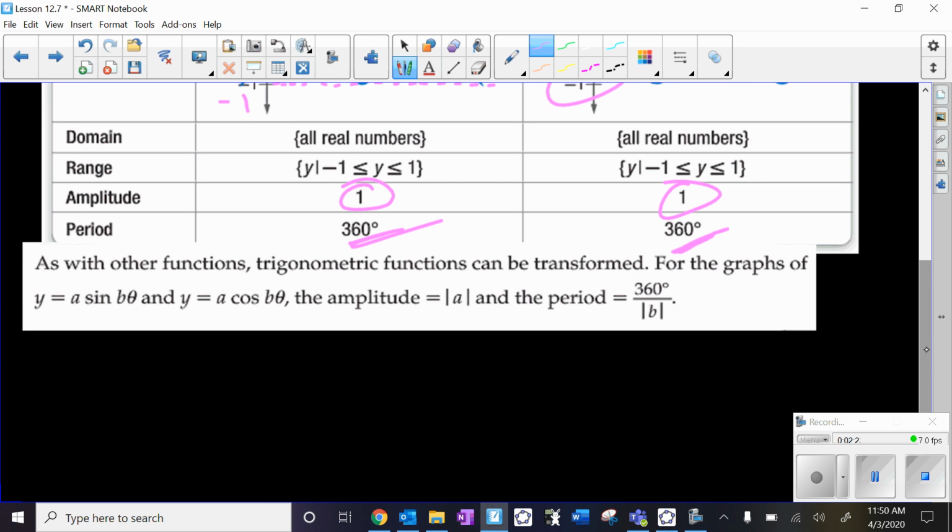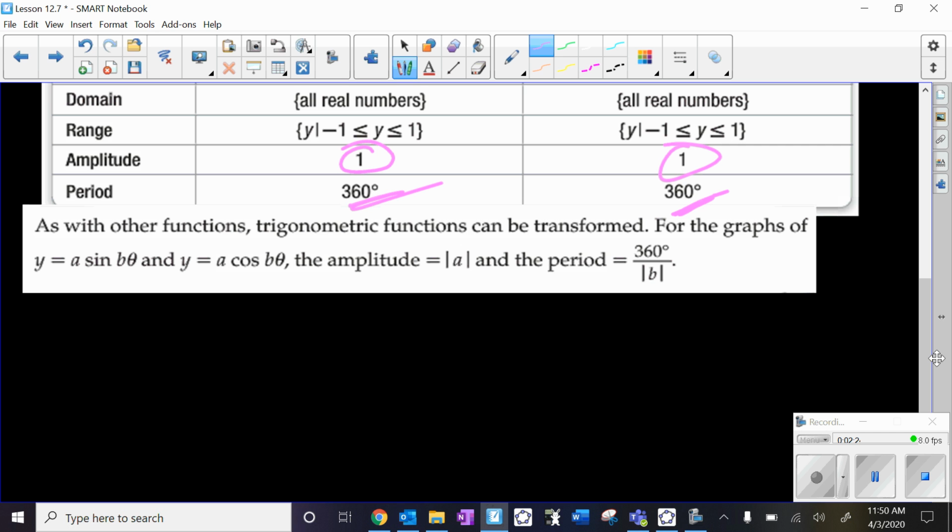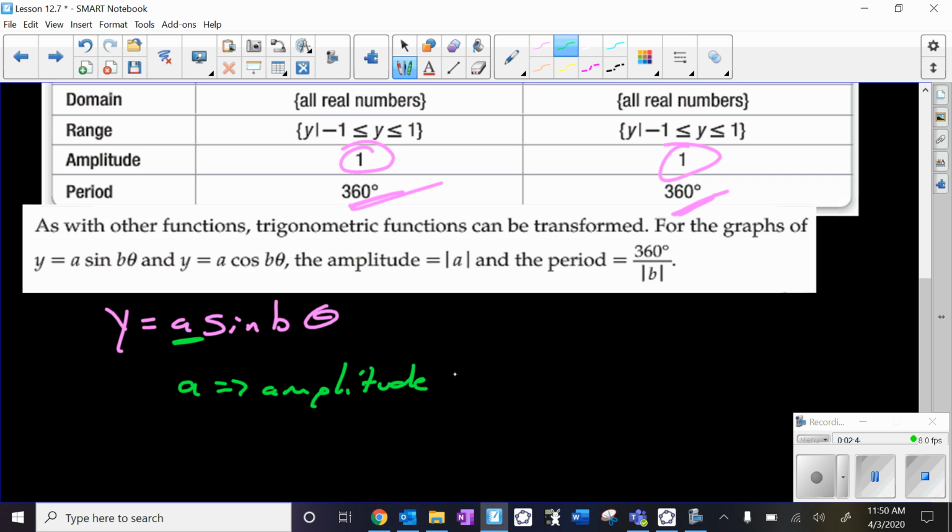To find our amplitude and period, that's going to change though. We're going to say that when I look at a function, y equals a sine of b theta, the a is going to represent our amplitude and is actually based on the radius of the circle that we are dealing with.